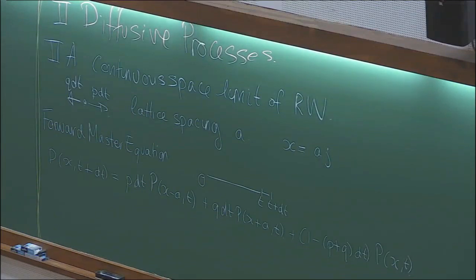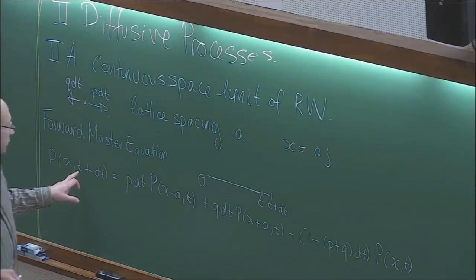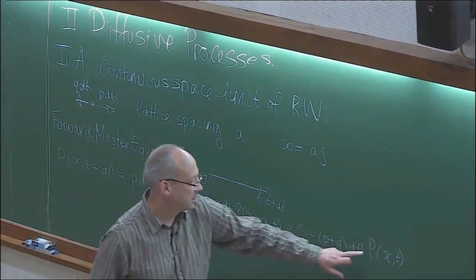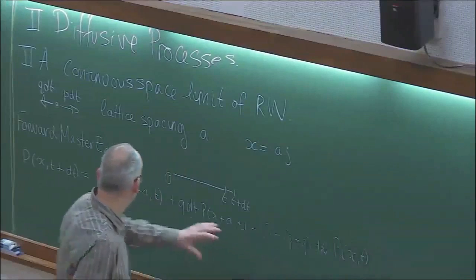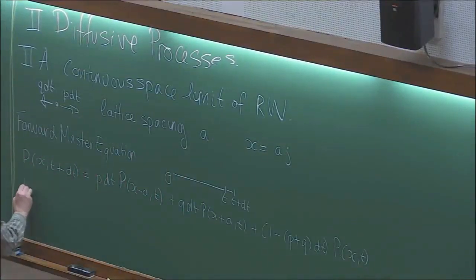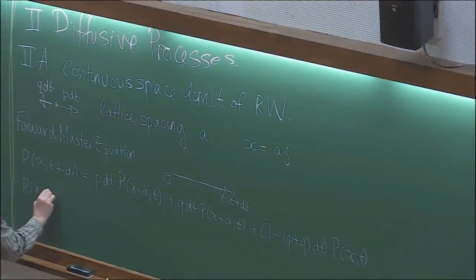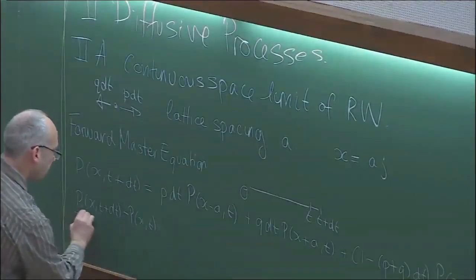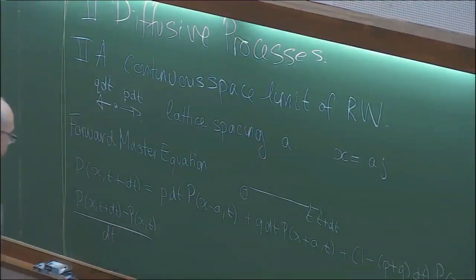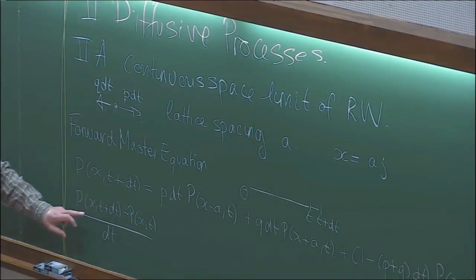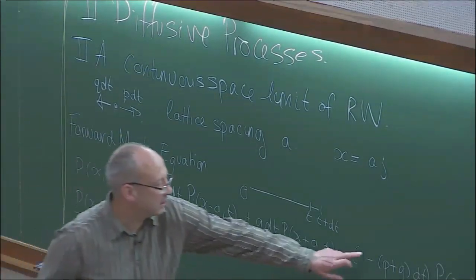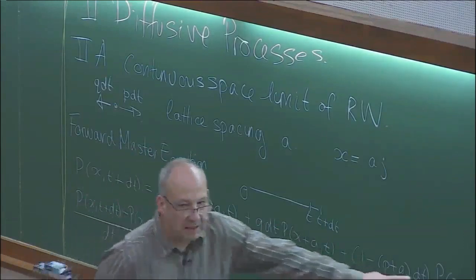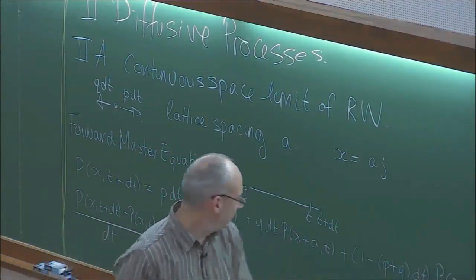So then let's first take the continuous time limit. This term here is P of x, t. If I take this across here, I get P of x, t plus dt minus P of x, t, and then I'll divide by dt. And this, of course, as dt goes to 0, gives me the time derivative. That's nice because the rest of the terms have dt's, so the dt's just cancel.